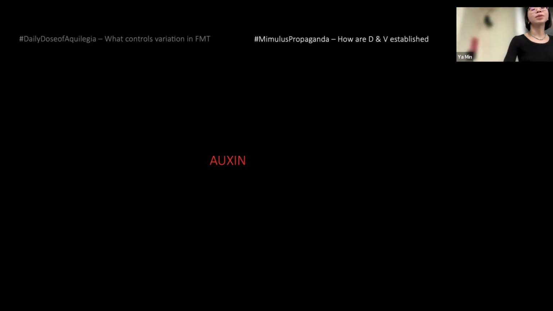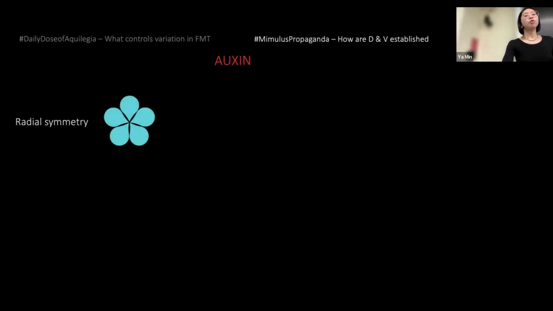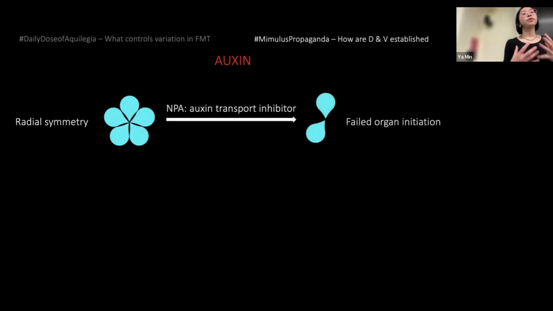But the situation here is slightly more interesting, because if we apply a chemical called NPA, which inhibits auxin transport in plants, to a radially symmetric flower, what we see is failed organ initiation. There will be fewer organs in a flower because auxin is for organ initiation.